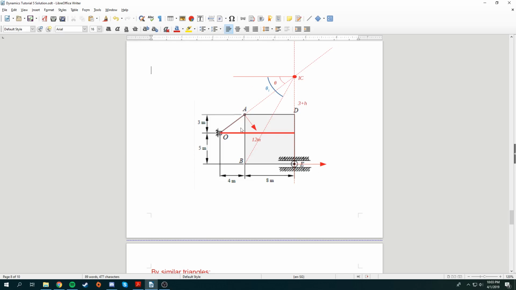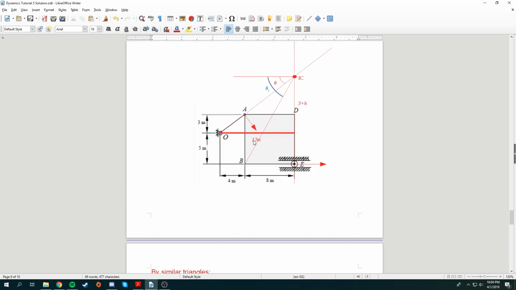vector to create the secondary line to form the intersect. I'm using point A in this case because I know that point A is also rotating about point O. So the arrow is pointing either this way or pointing upwards, so the vector is along this line. This would mean the perpendicular line would be along here.